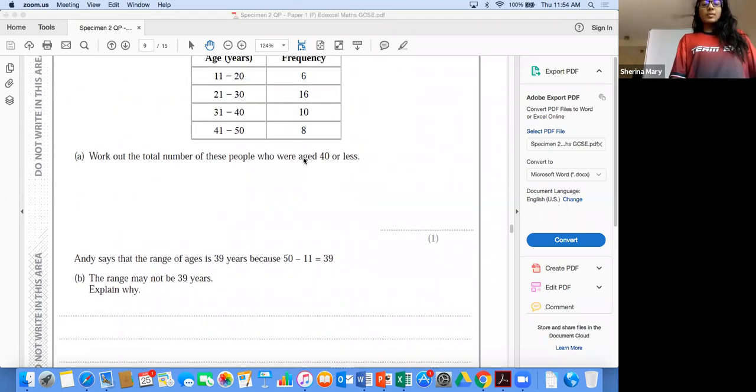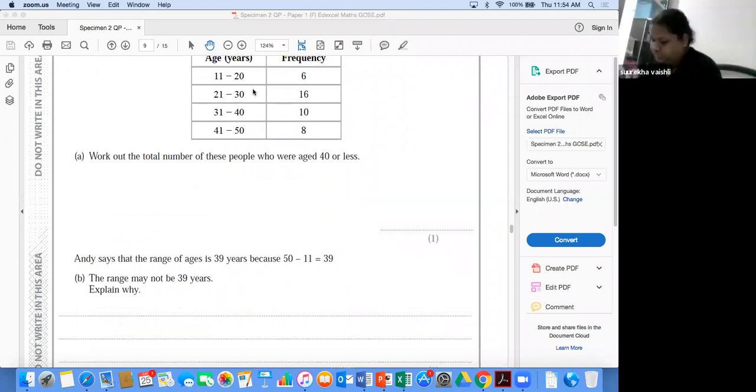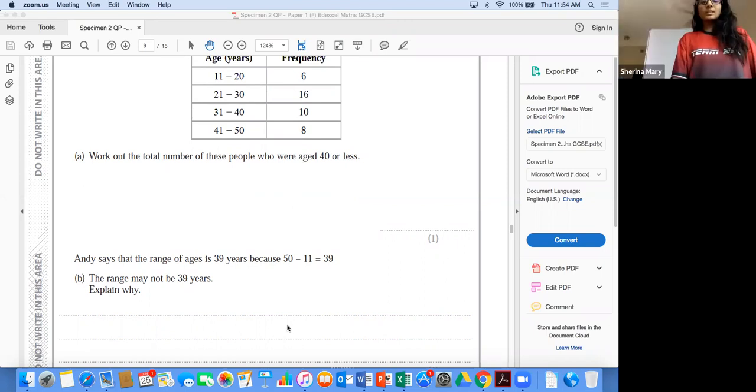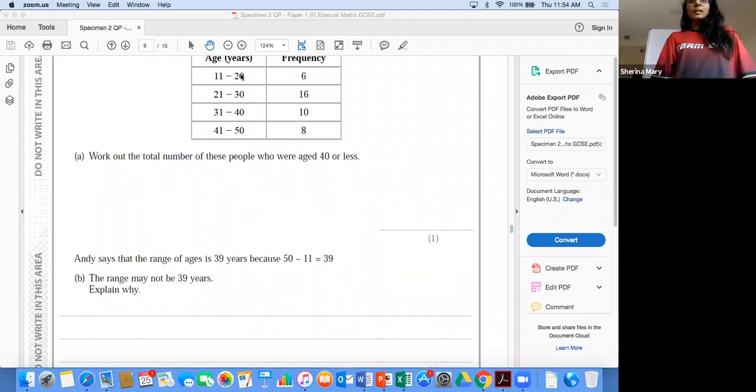Andy says that the range of ages is 39 years because 50 minus 11 is 39. The range may not be 39 years. Explain why. How do you calculate range? The range of years is in one class, so 20 minus 11, so the range is 9 years. It's not 50 minus 11.